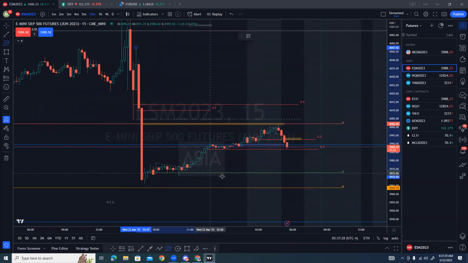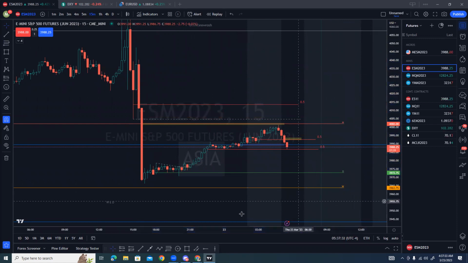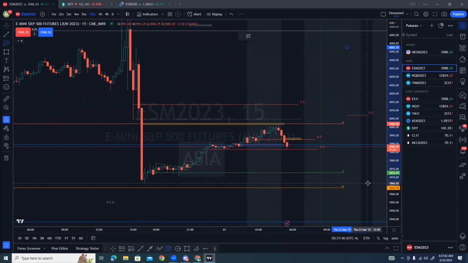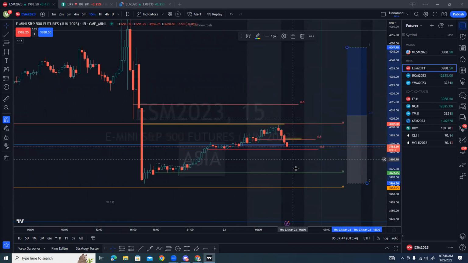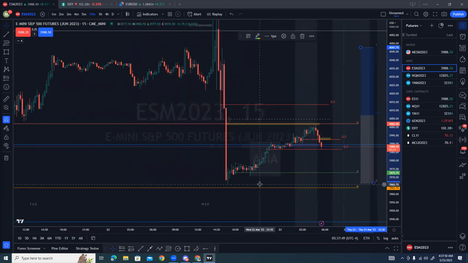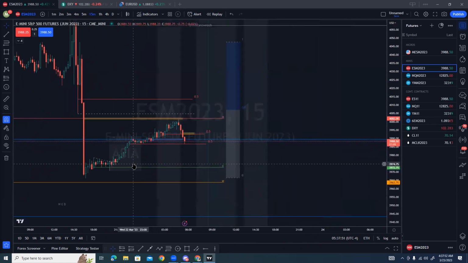So remember, we're still in the discount area. In fact, I'm not going to put that there. I'm going to put it over here. And this lets me know we are still down here where we should be taking buys for right now.